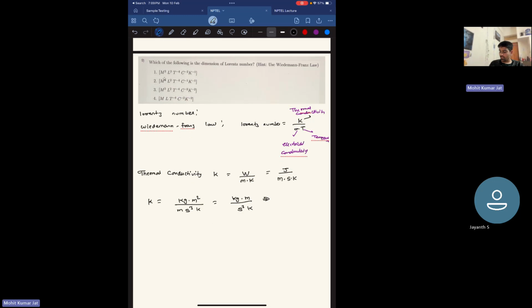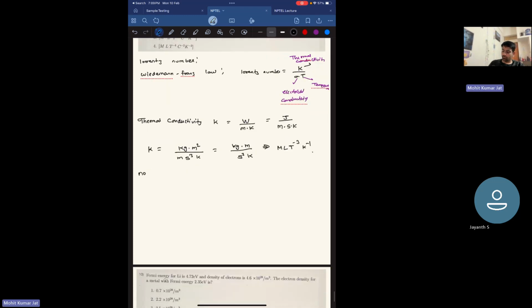So kg is nothing but mass, meter is length, second is T to the minus 3, and Kelvin is K to the minus 1. So that is for the kappa.